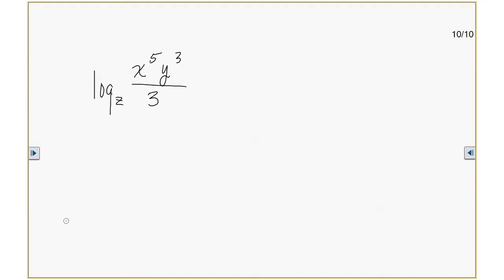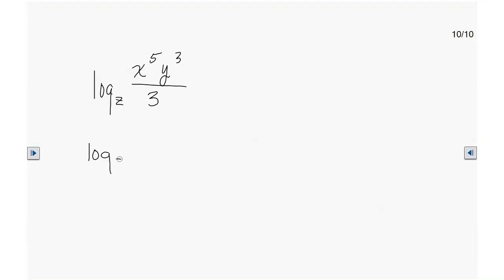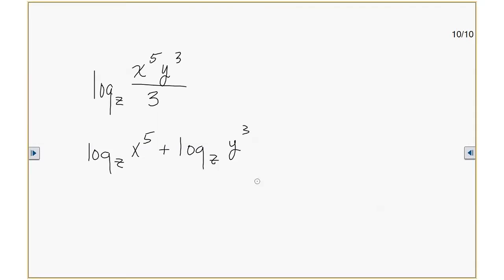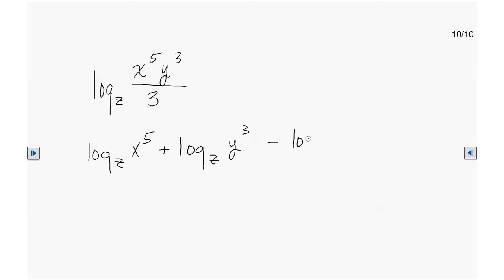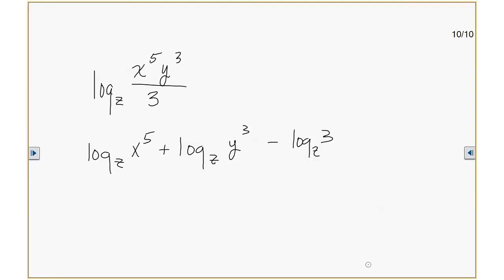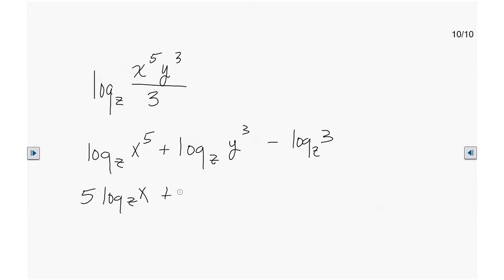Okay, so that's going to be log base z of x to the 5th plus log base z of y to the 3rd minus log base z of 3. And then that 5 comes out. 3 comes out. And that's your answer.